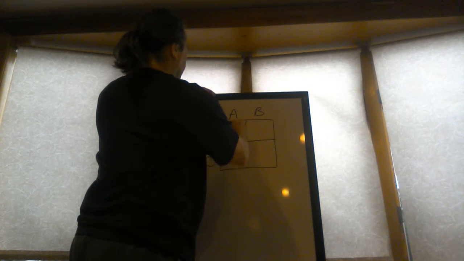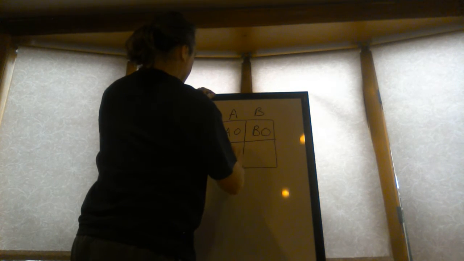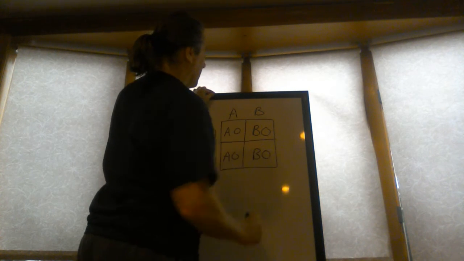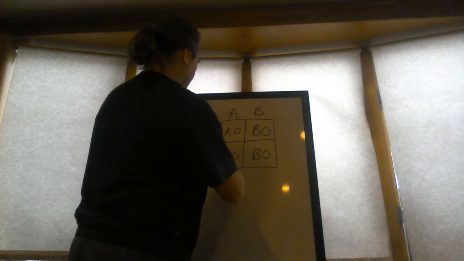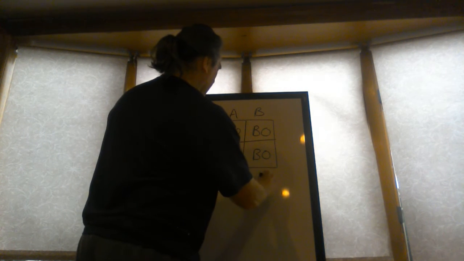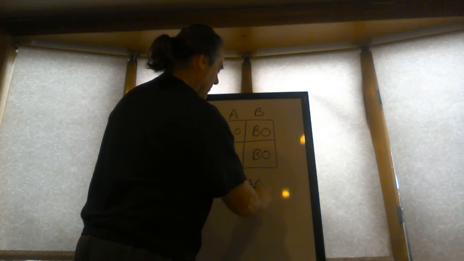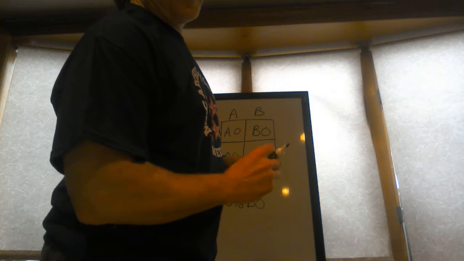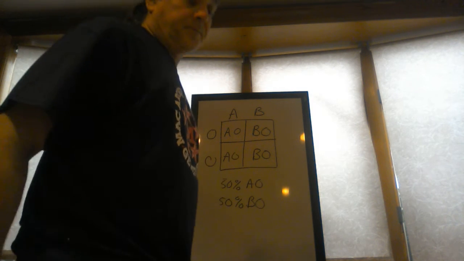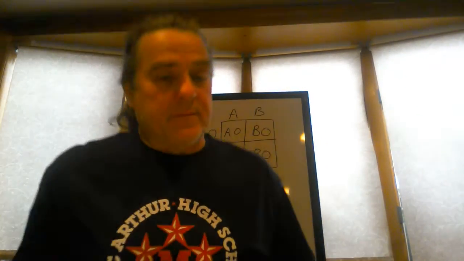So we have combinations of AO, BO, AO, and BO. This is another 50-50, right? 50% AO, 50% BO. Child is AO, and yes, it is likely that that child does belong to that father.